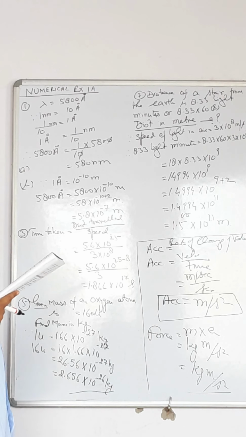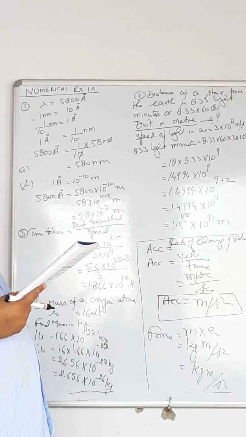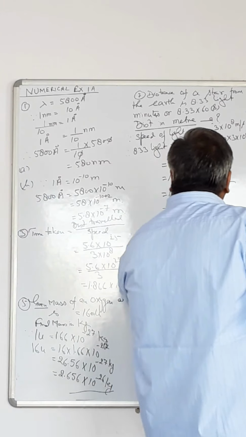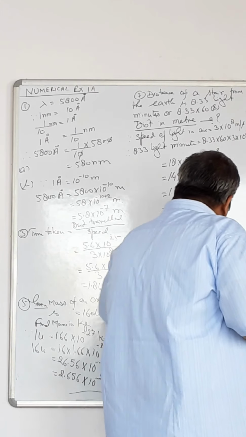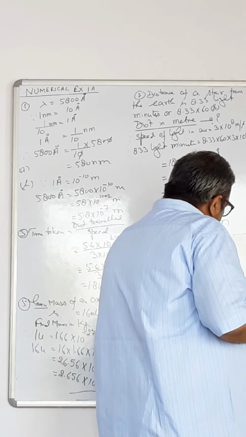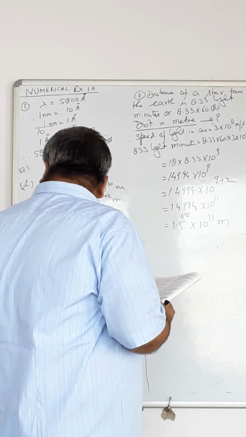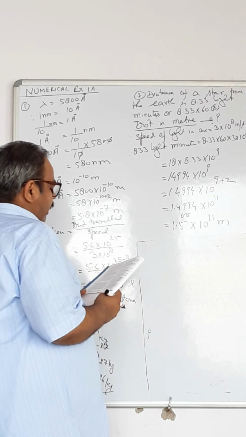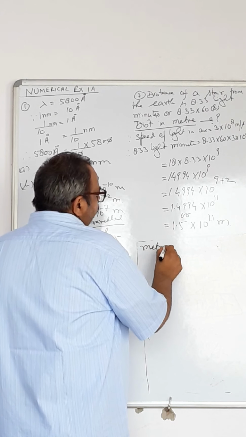Number 1: the symbol for a unit which is not named after a scientist is written in small letter. Look here. If I have to write the unit meter, it is not named after any scientist, so we will write it with a small m.